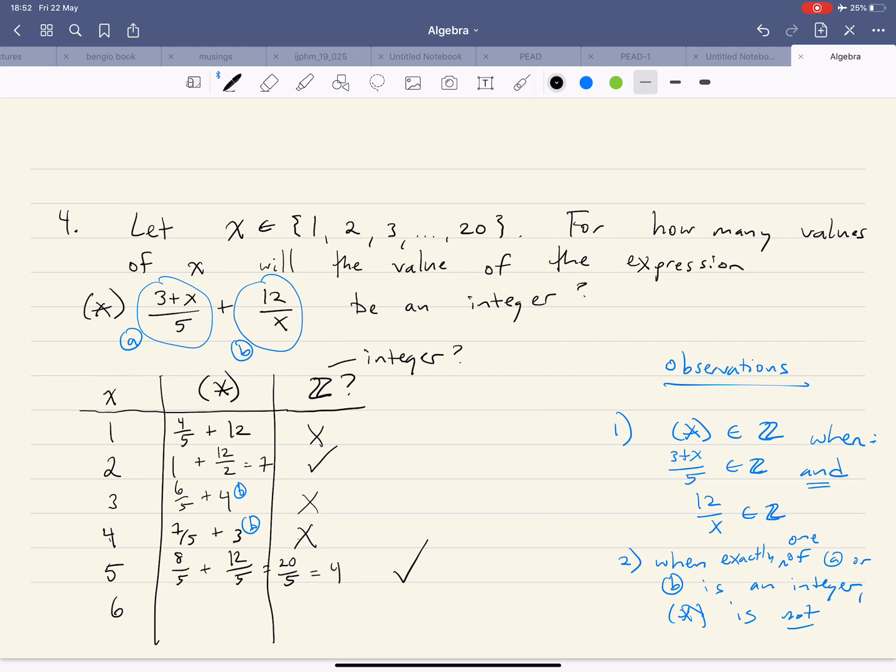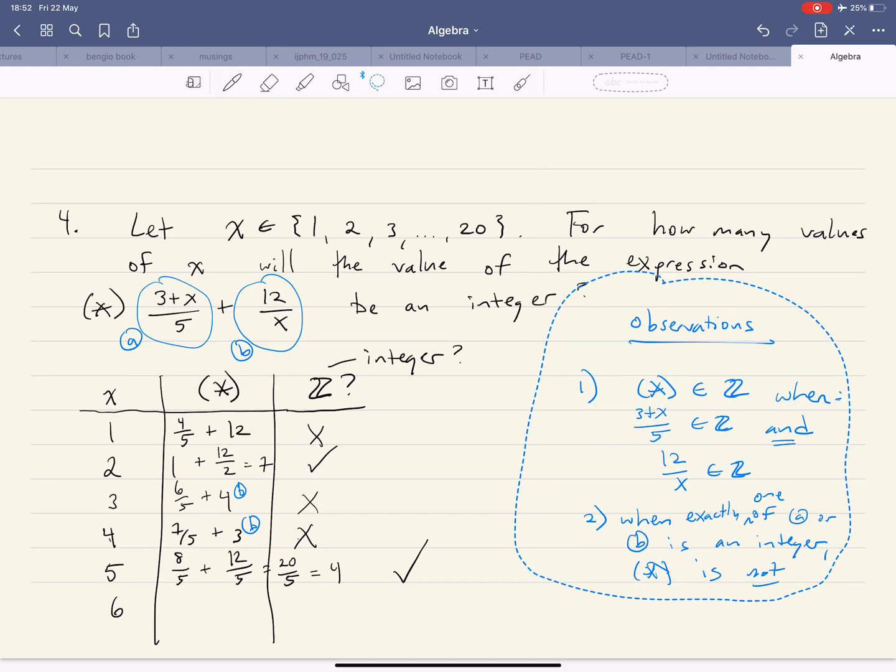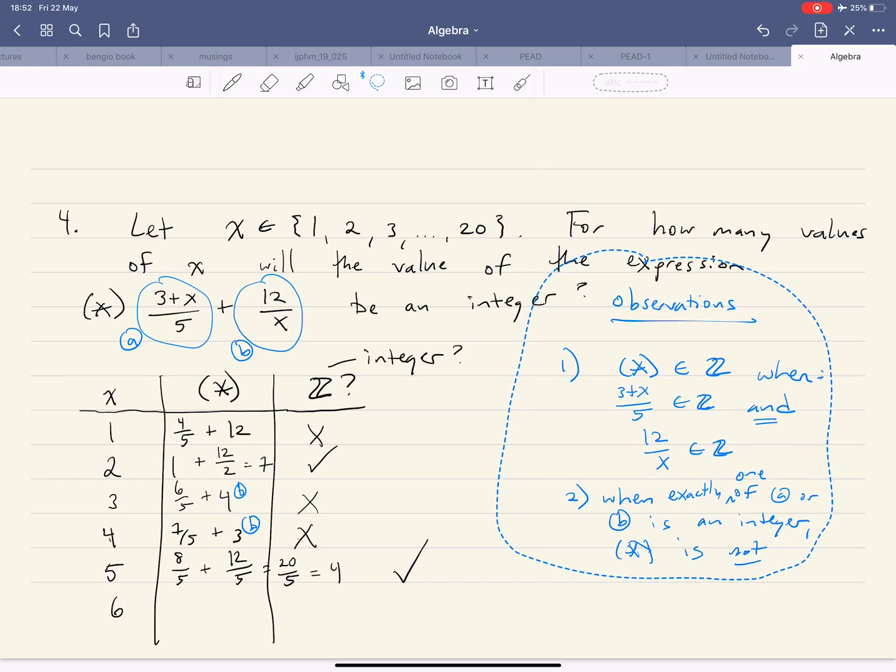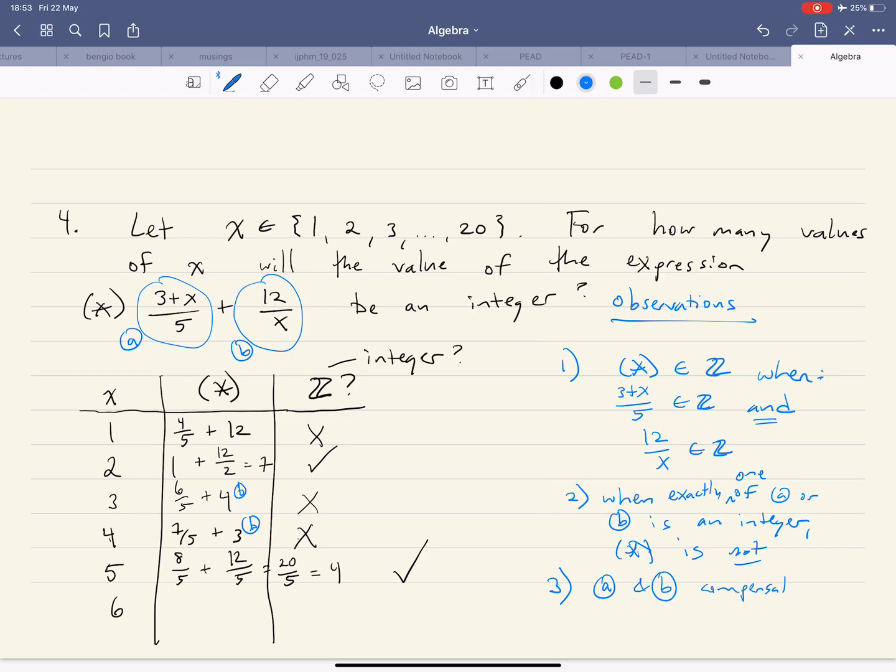So now we have another observation. Somehow this is like when A and B are compensating for each other. Right?